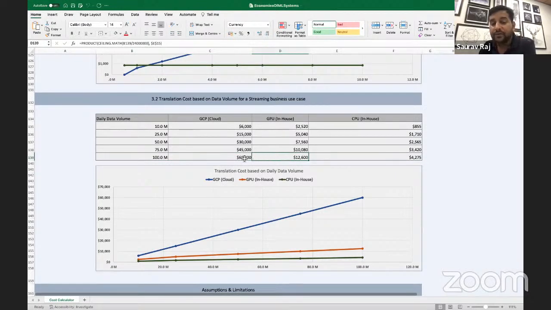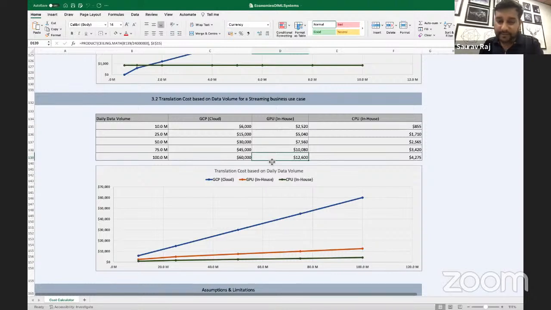In just a month, you are saving $48,000 in the translation cost, in the data processing cost. And in just over 2-3 months, you'll be able to save your entire cost of building this solution. So the point here is that the higher the data volume you have, the larger the benefits would be when you are building the solution in-house.